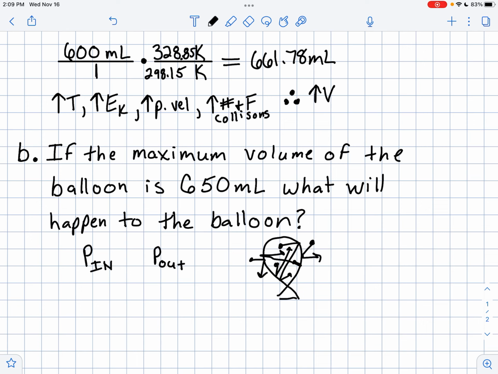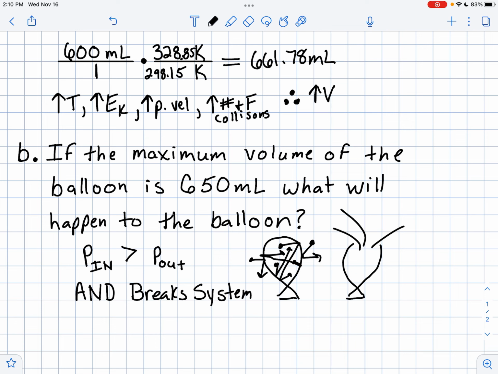That means that my pressure inside is going to be greater than the pressure outside, to the point that it breaks my system. It breaks the system because once the balloon pops, there's nothing I can do to bring it back to its normal shape.